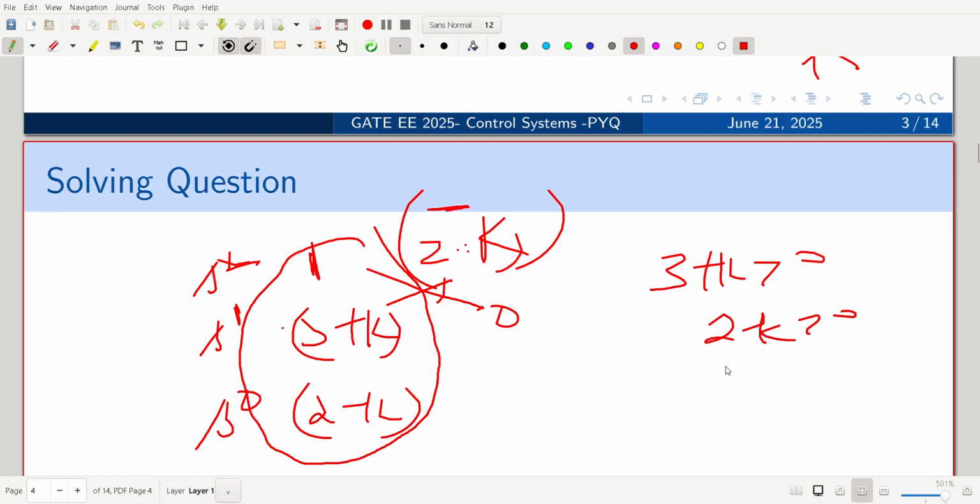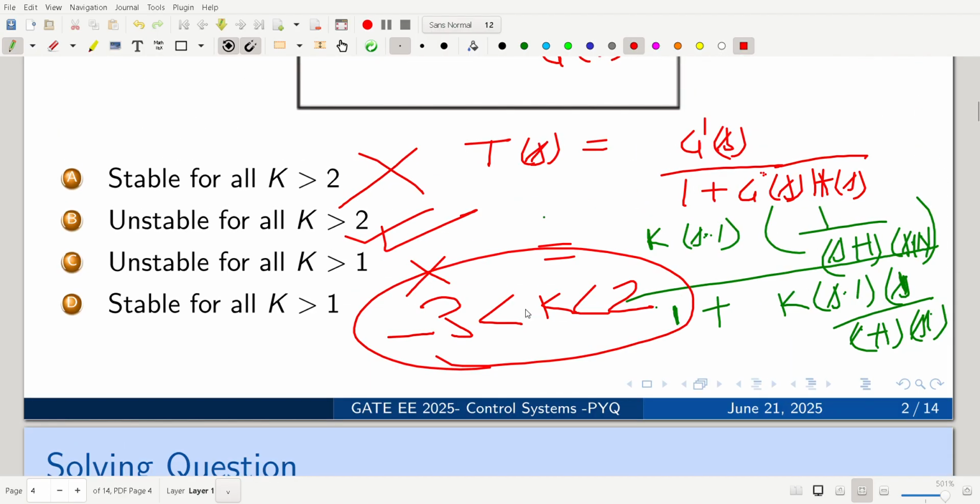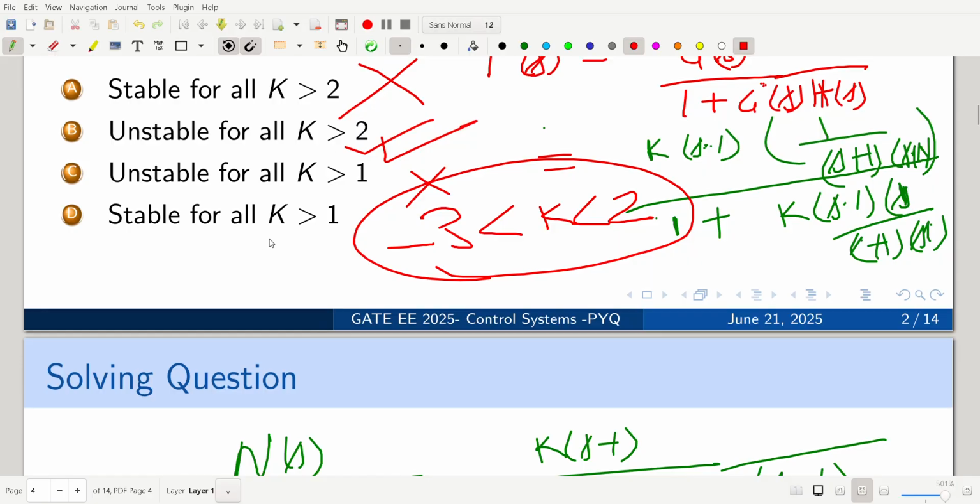So k greater than minus 3 and k less than 2. Okay, so this range should be fulfilled, because here it says stable for all k greater than 1; it may be, but no, it should be less than 2 also.